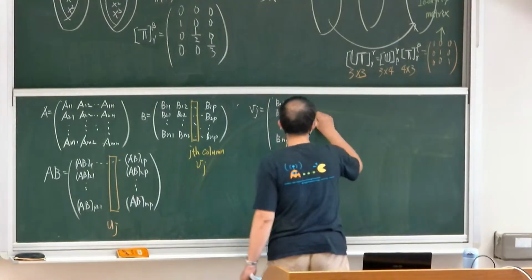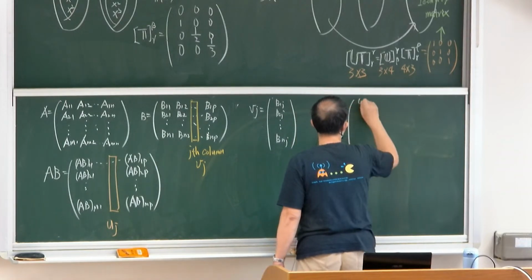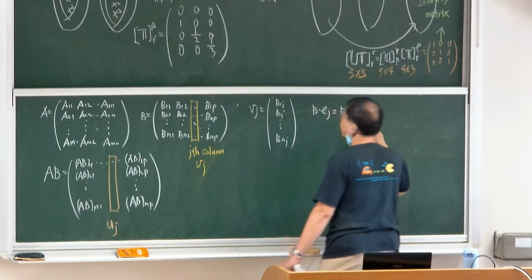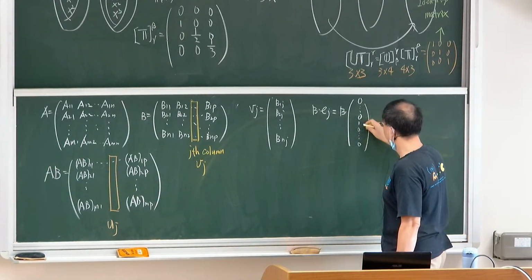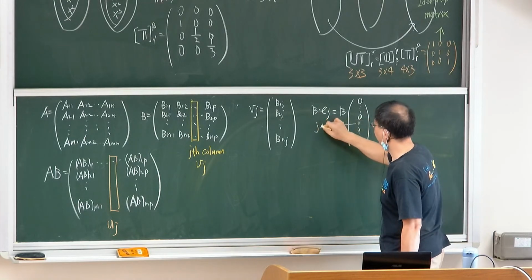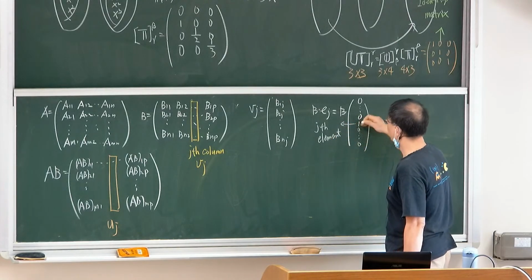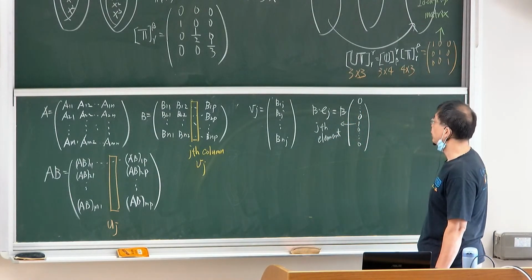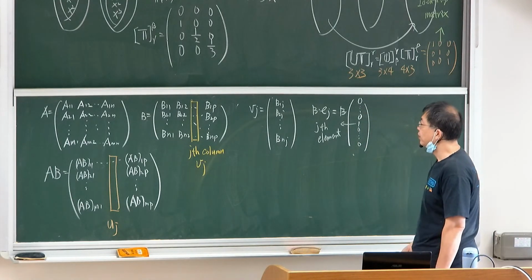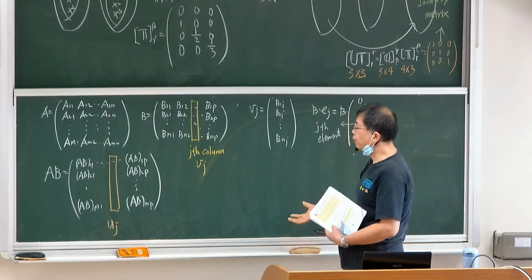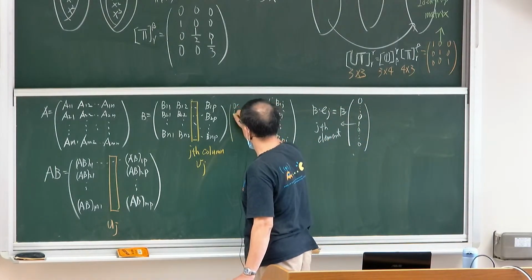So B times Ej, what is Ej? Ej is a column vector whose jth element equals 1, and the rest of them are 0.